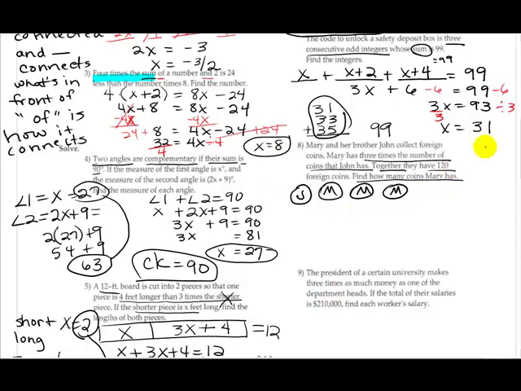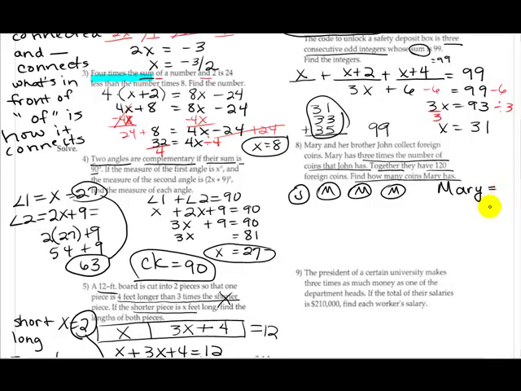So I want to write this as Mary, and we'll give her the X. Nope, not Mary gets the X. John gets the, and let's give him a J. Because it says Mary is 3 times what John is.